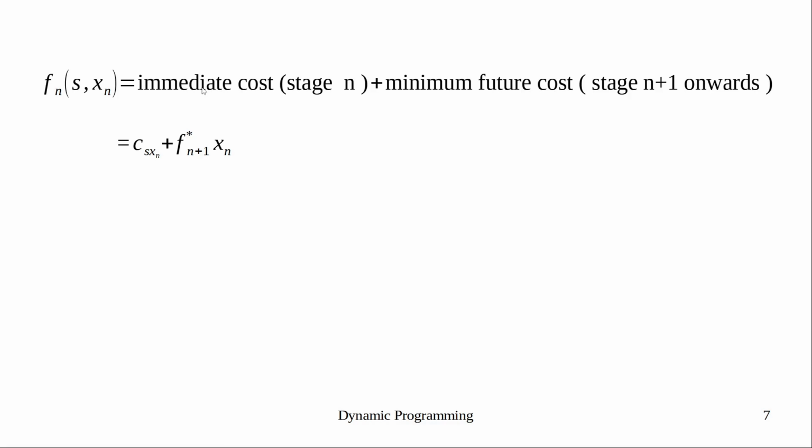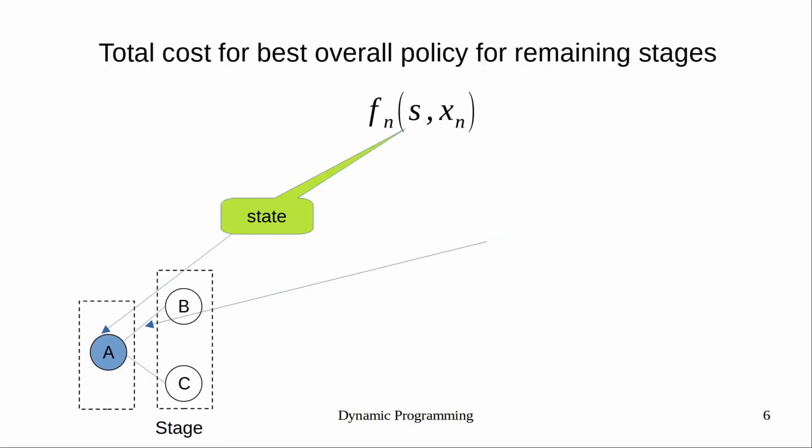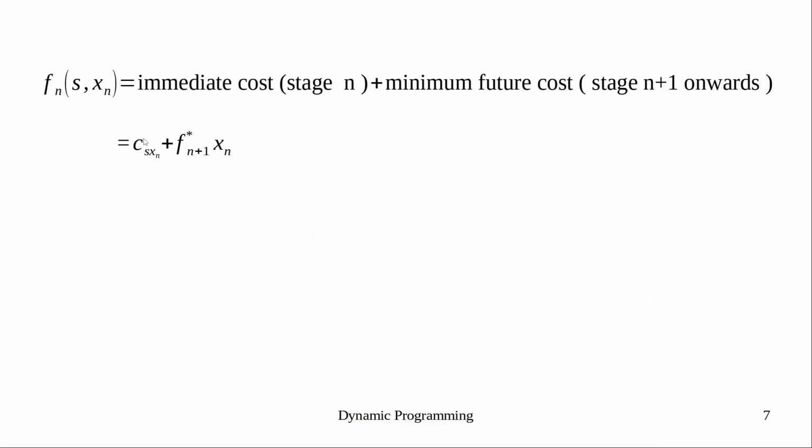Now, our objective function Fn(S, Xn) is going to be the immediate cost you are going to take from going to one state to another state in a particular stage. So, let's understand that briefly. If you go from A to B, it is going to be the cost involved in going from A to B. So, C_Xn is going to be the cost involved from going from A to B. And F*n+1 is going to be the optimized cost in going from B to J. Right?